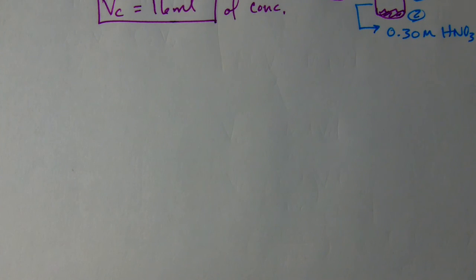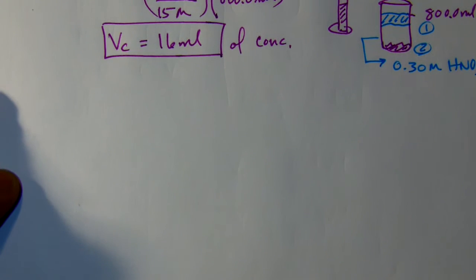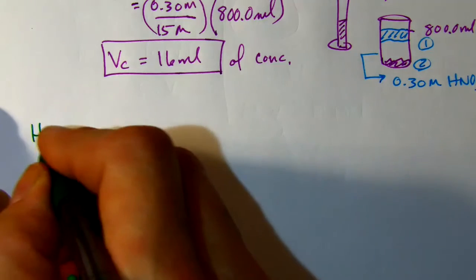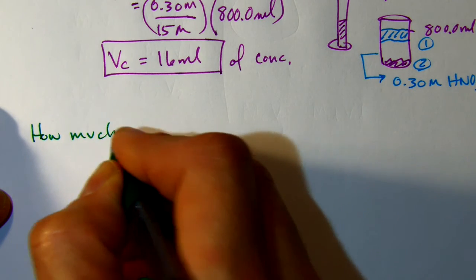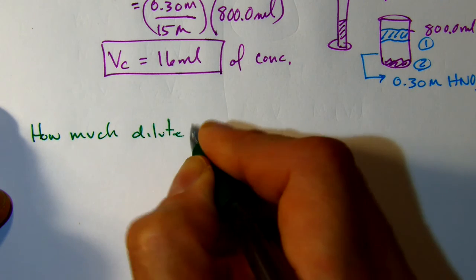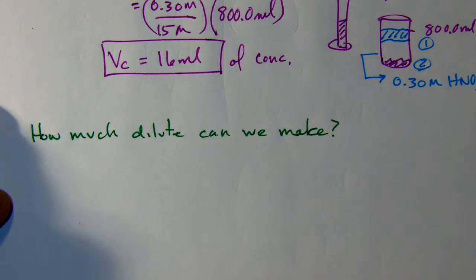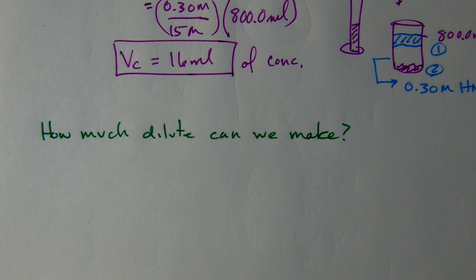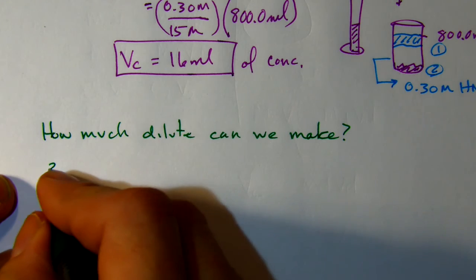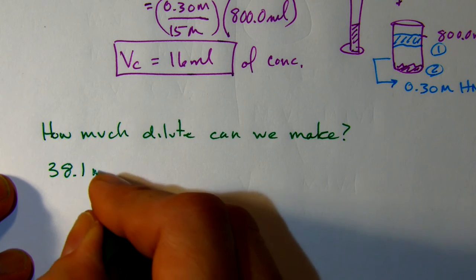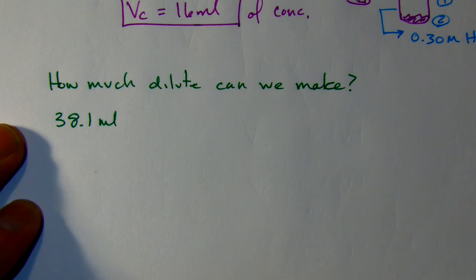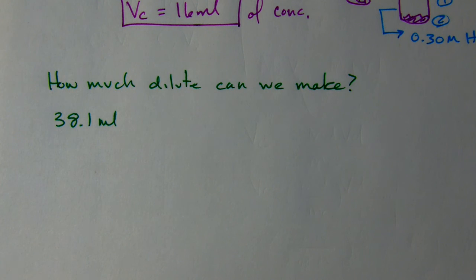All right, let's do another one because this, like I said, is very important chemistry. How much dilute can we make? If we said, well, we have 38.1 mLs of, let's see, what do we got here?